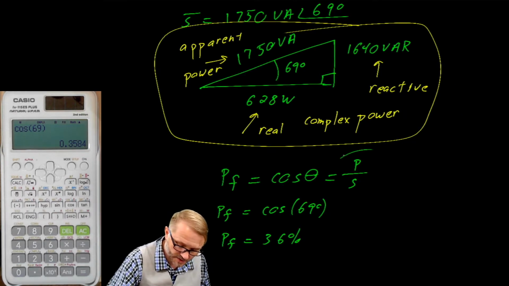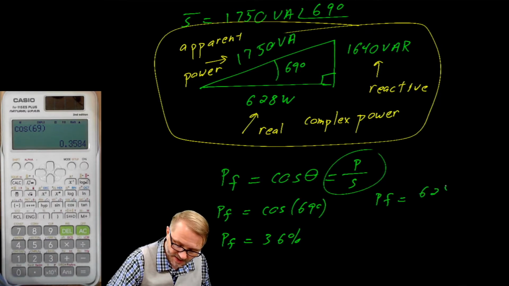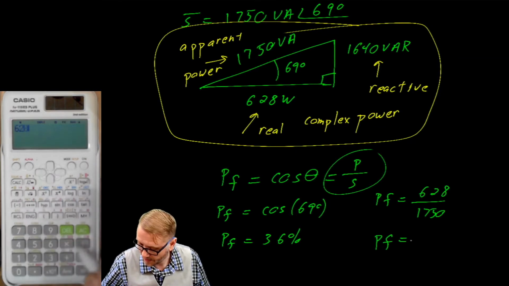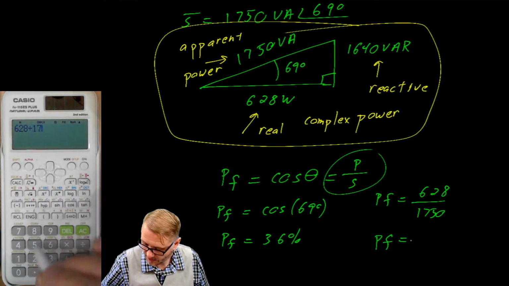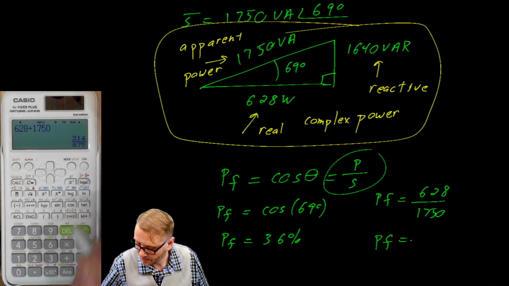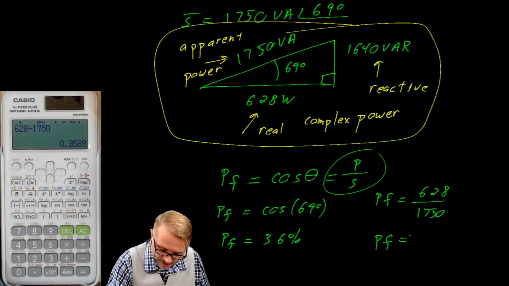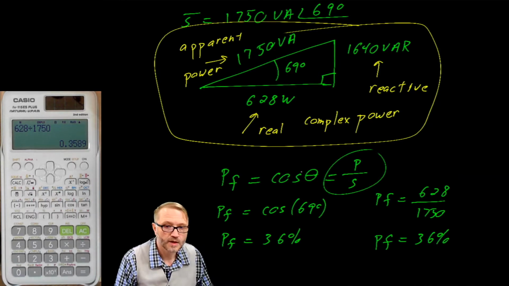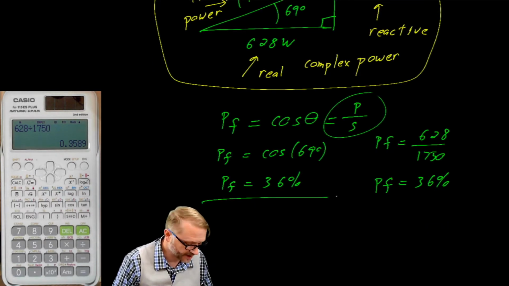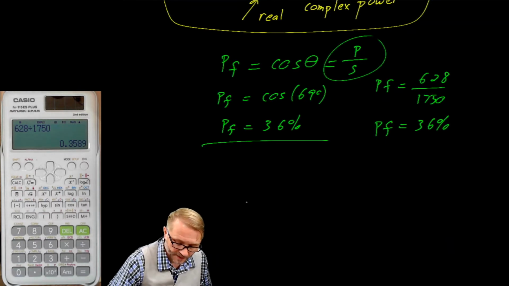And had you used this, you would have said the power factor is equal to 628 over 1750. So that's 628 divided by 1750, which should give you about the same number. So power factor of 36%, which, all things considered, is a pretty rotten number.